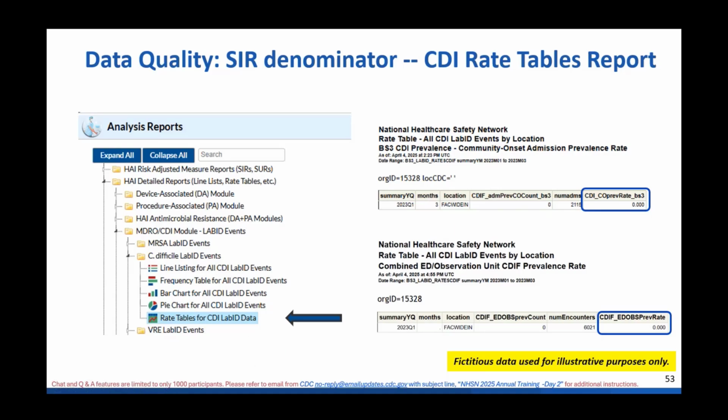Within the rates report, you're able to modify your report. By default, the rates table will display by month, but if you want to verify the quarterly rate that is used in the SIR, change the group by option to summary YQ, so you're able to view the quarterly rates.